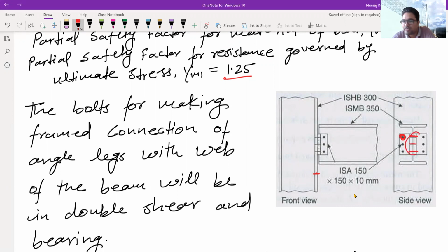Only this part is covered. In the problem, only this one is asked, which means that when load is on the beam, it will be transferred through this joint to this joint, which is here. Okay, so I hope you understand now.